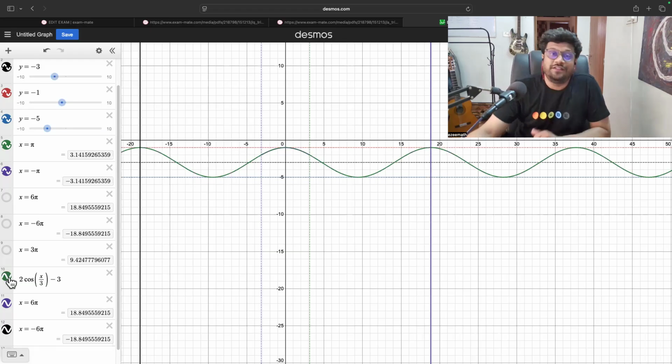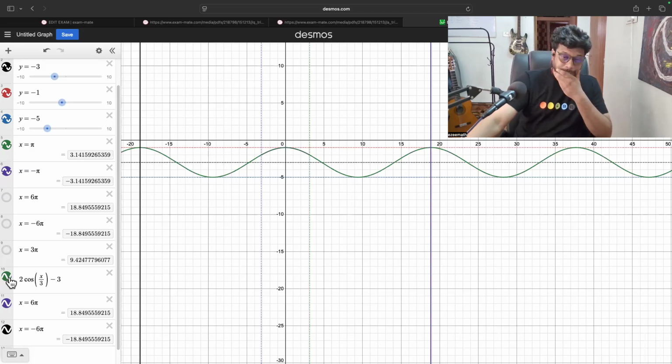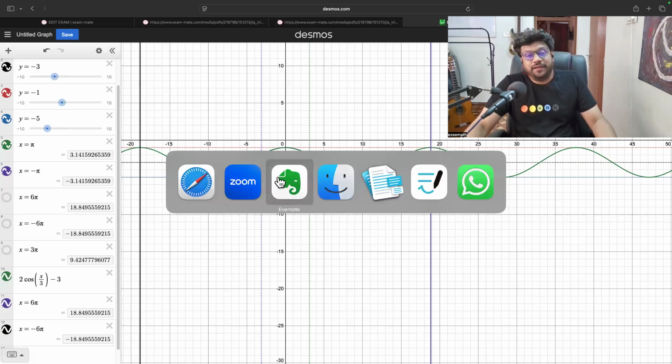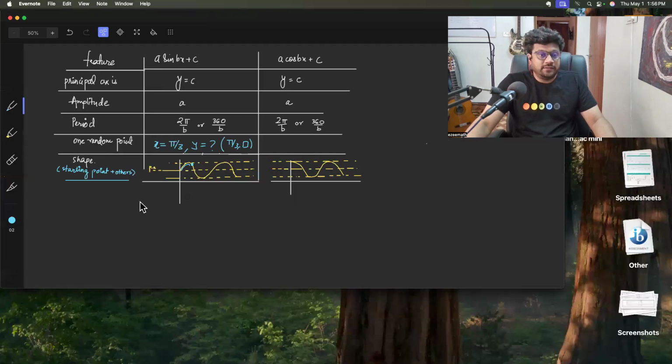A very nice concept. You should practice, you know, to get these. Anyways, that's about it when it comes to understanding how the whole thing is to be sketched. There it is.